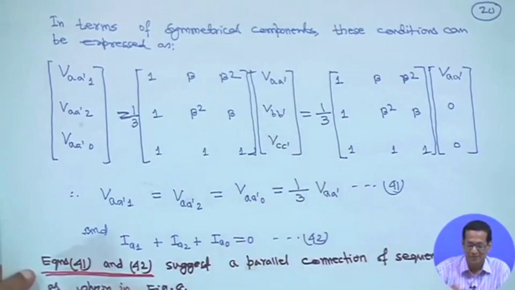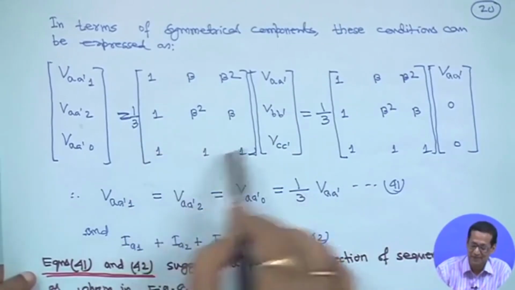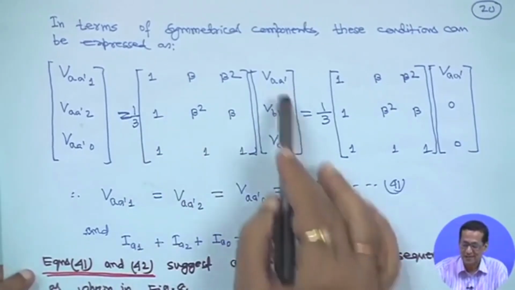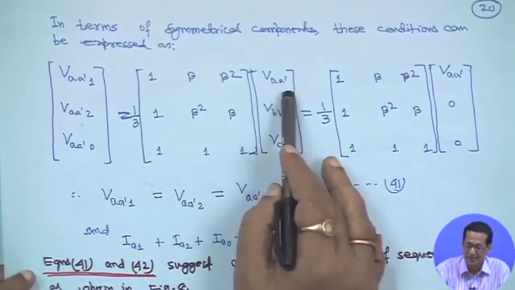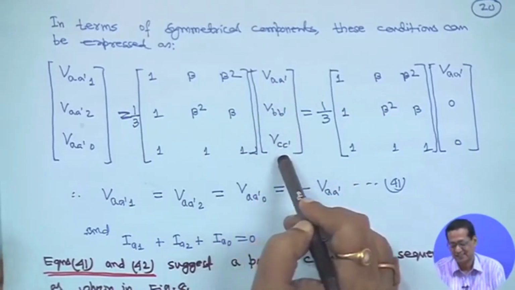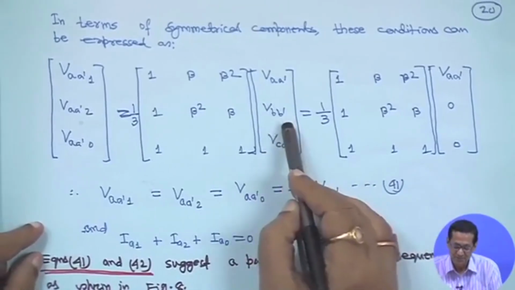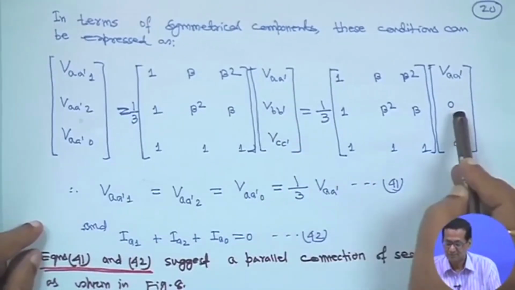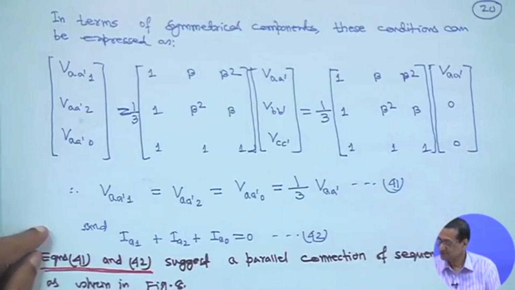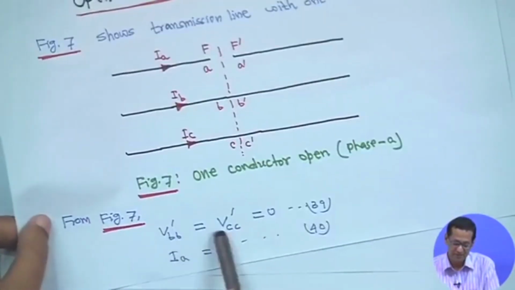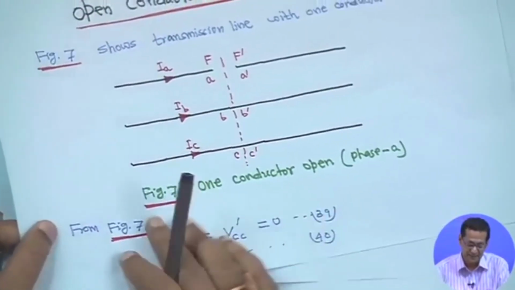The way we are doing it, V A 1, V A 2, V A 0 is equal to this matrix into V A, V B, V C. Here also, because of the open conductor, we have V A dash, V B B dash and V C C dash, but V B B dash and V C C dash are both 0, from equation 39.